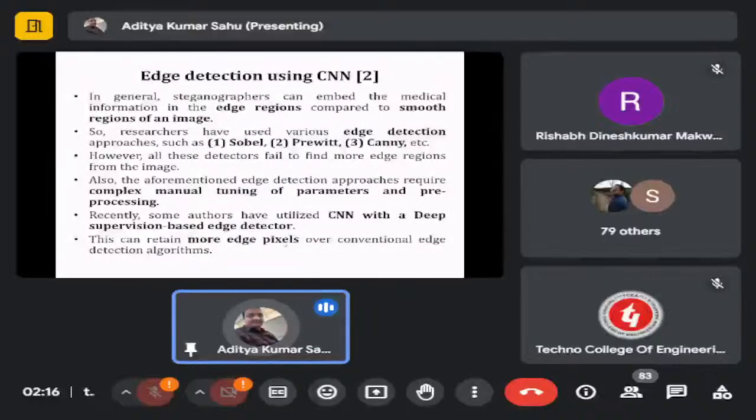So, researchers have used various edge detection techniques such as Sobel, fuzzy, Prewitt, Canny. However, all these detectors fail to find more edge regions from the image. These detection approaches require complex manual tuning and pre-processing.